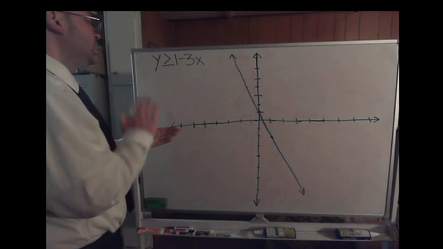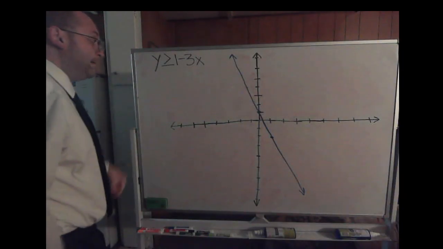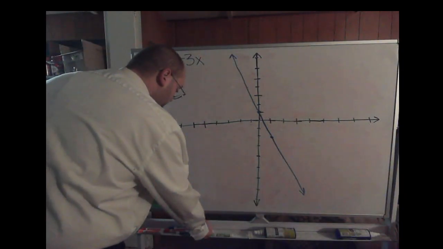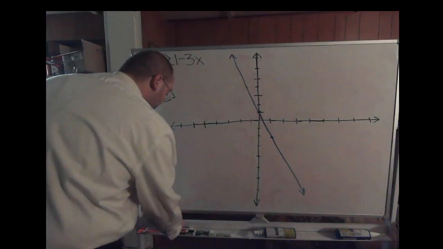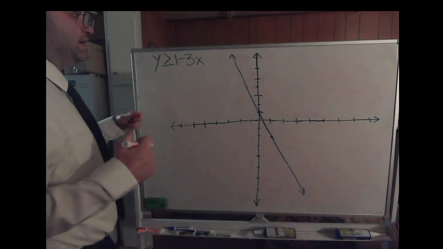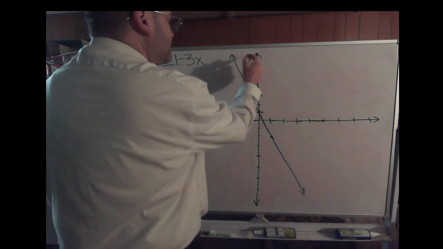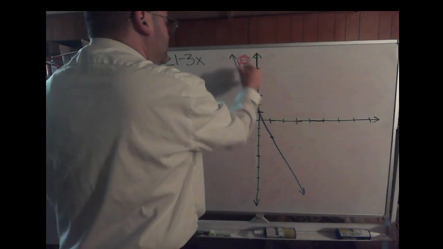Now, we have the greater than component. So, we want to shade the region where y is going to be greater than 1 minus 3x. Well, that's going to be above the line, or it looks kind of to the right of it with the way it's tilted.